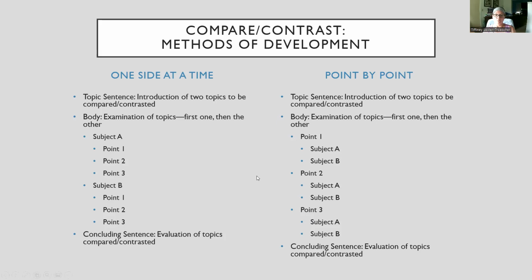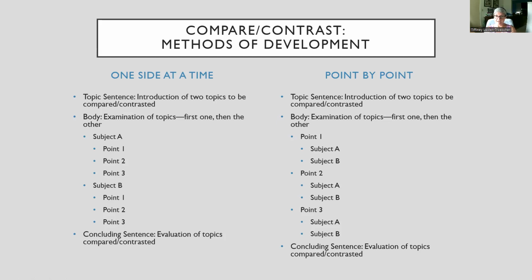So basically you can see over here in the one side at a time approach, it's your two subjects that drive the organization. Over here in point by point, it's your main points, your main ideas that drive the organization.